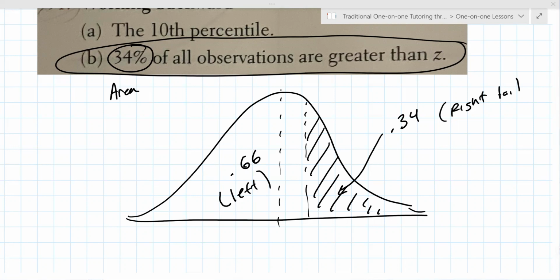You're looking in the interior of the table. I was looking at 0.06.